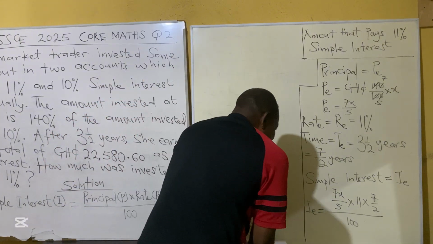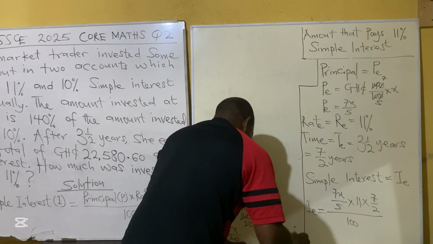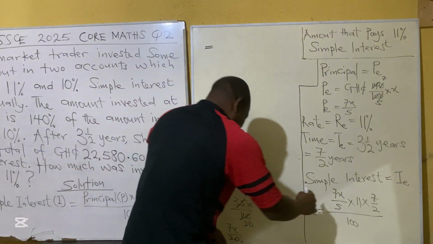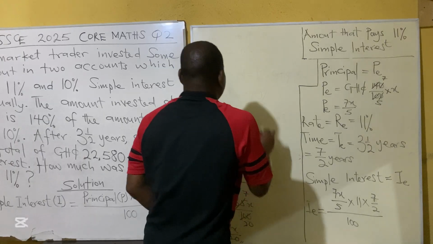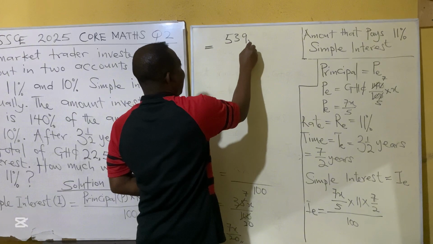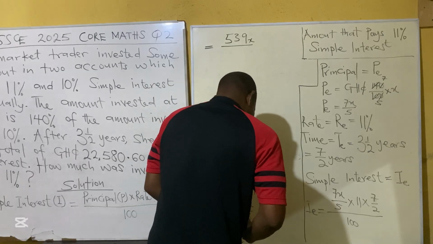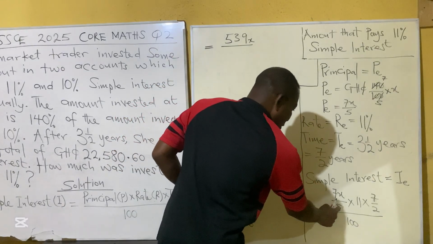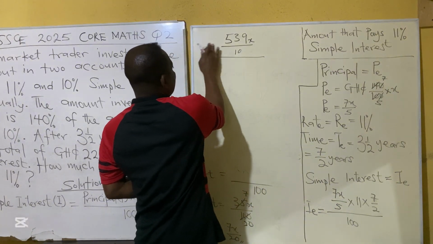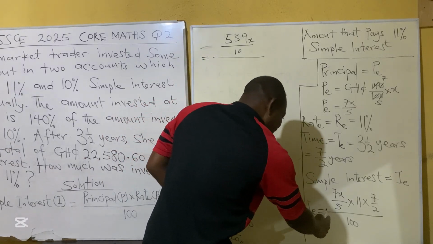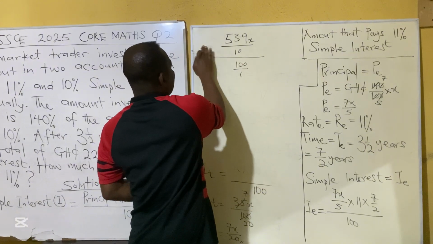Here we multiply the numerators, and it gives us 539x over, we multiply 5 by 2, it gives us 10, all over 100, which is 100 over 1.